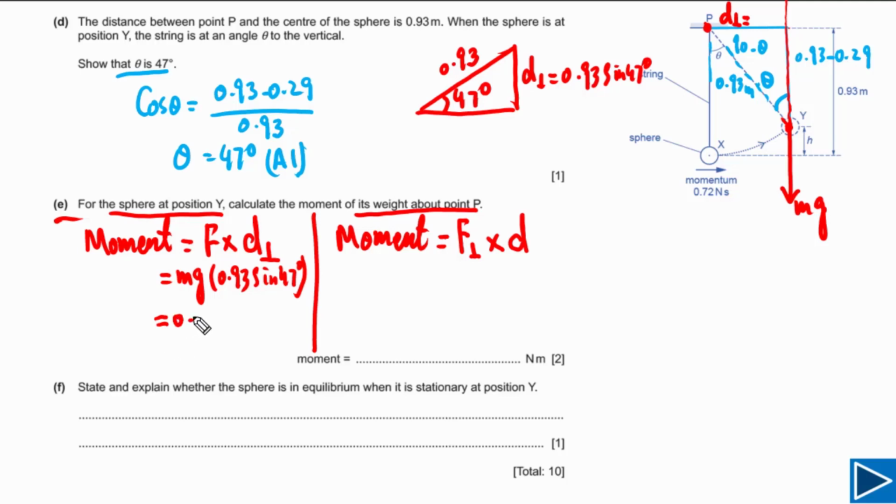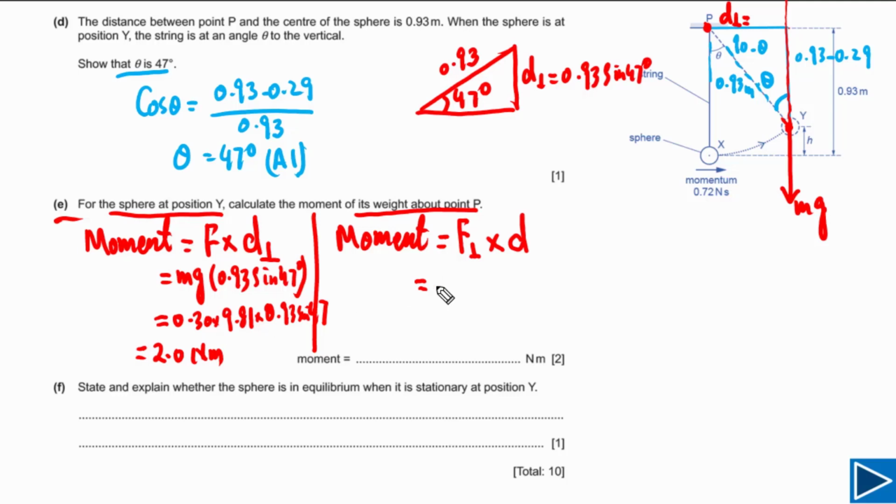M in this case is given, that is 0.93, and the g we need to use is 9.81. We need to multiply this with 0.93 sine of 47 degrees. If we solve this, our final answer will be 2.0 Newton meters. This is how we can approach.